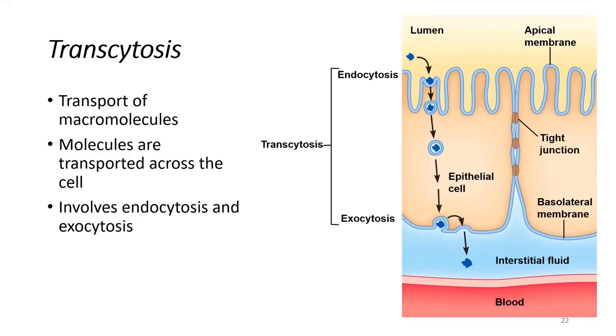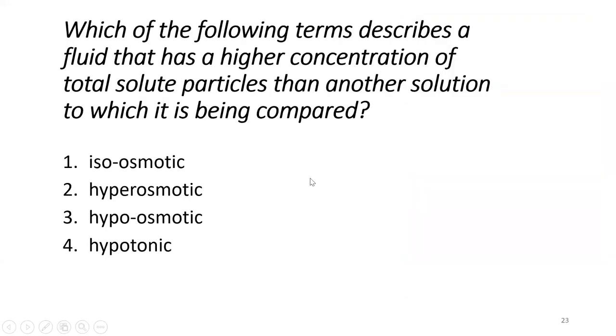And then the membrane that used to be a part of the vacuole now becomes a part of the basolateral membrane. We'll talk a lot about this. This is how neurotransmitters are moved across the synapse. So we're going to talk a lot about this as a practical example in some of our future systems.